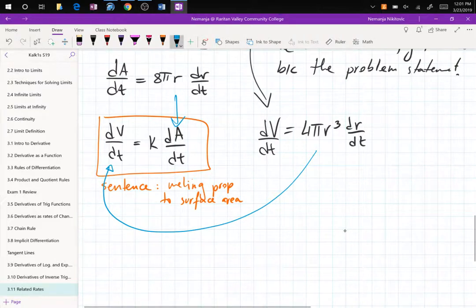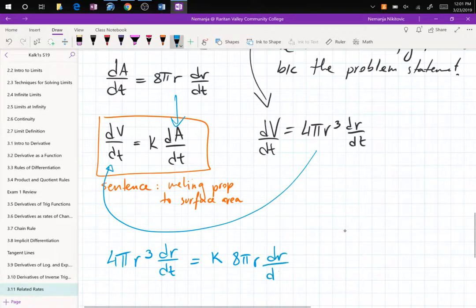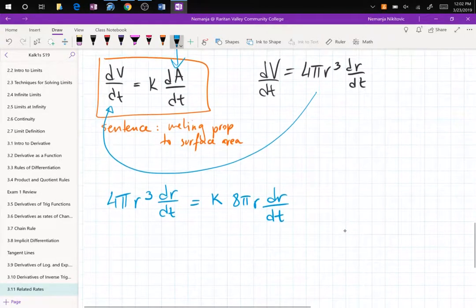So what do I have? Instead of dV dt, I have 4 pi r cubed, I'm doing this in red, dr dt is equal to K, dA dt is 8 pi r dr dt.